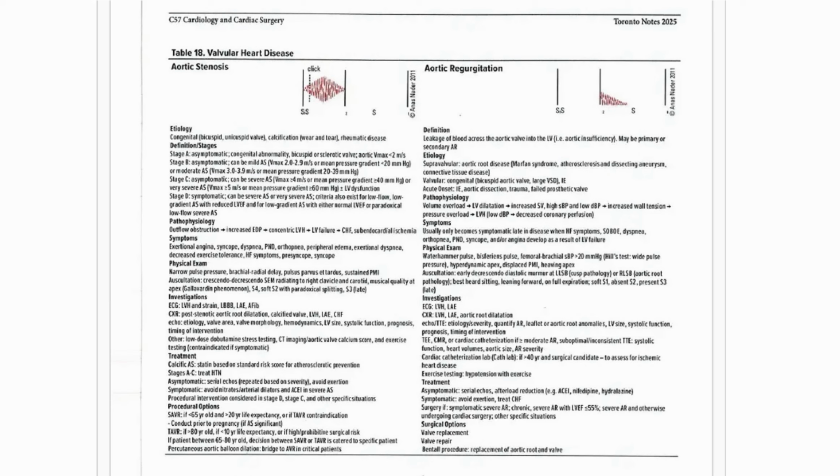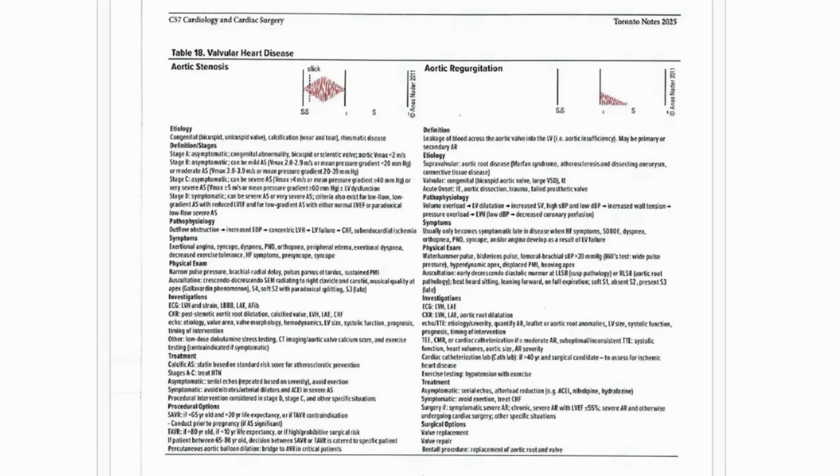Valvular causes include congenital bicuspid valve, infective endocarditis, and large ventricular septal defect. Acute regurgitation may result from aortic dissection, trauma, prosthetic valve failure.